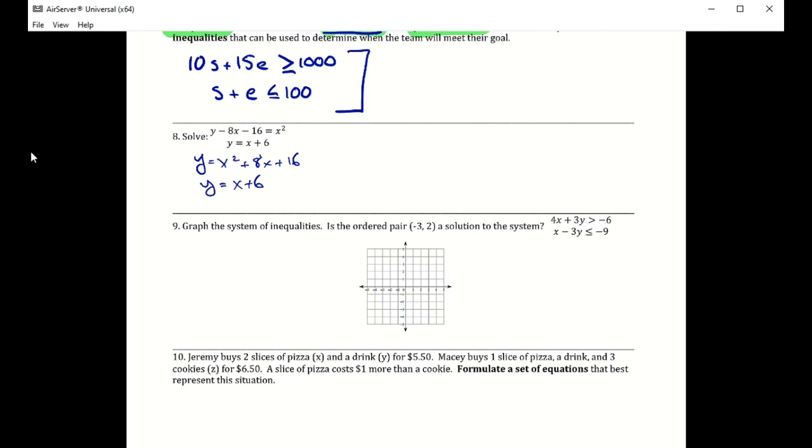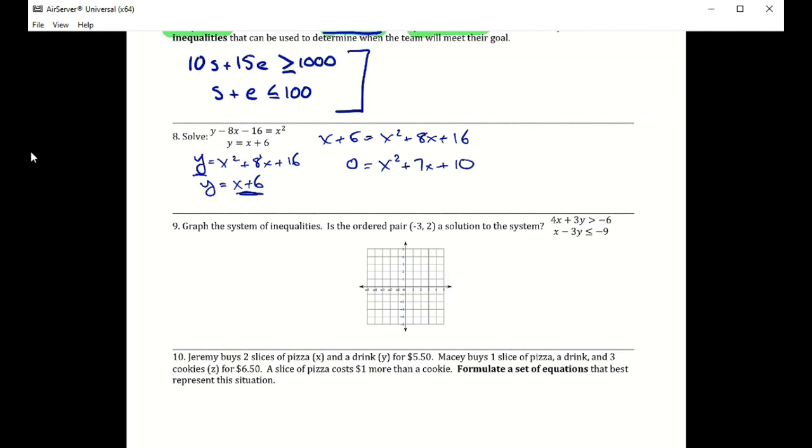Alternatively, we could substitute in this x plus 6 for this y. We have x plus 6 equals x squared plus 8x plus 16. So subtract from both sides, and 0 equals x squared plus 7x plus 10.